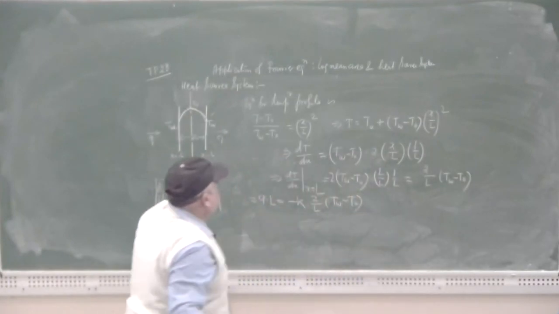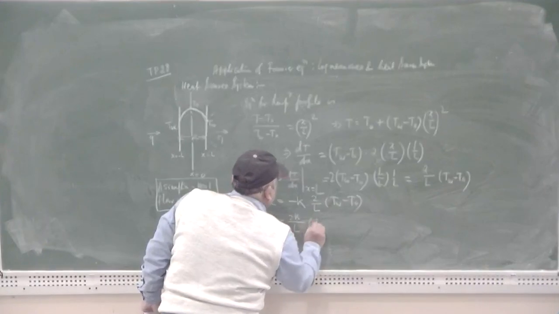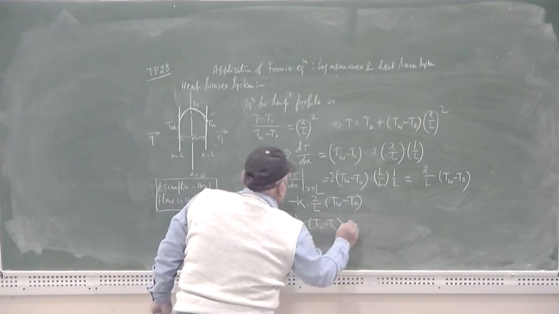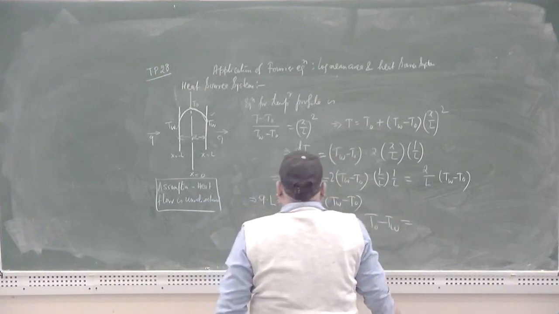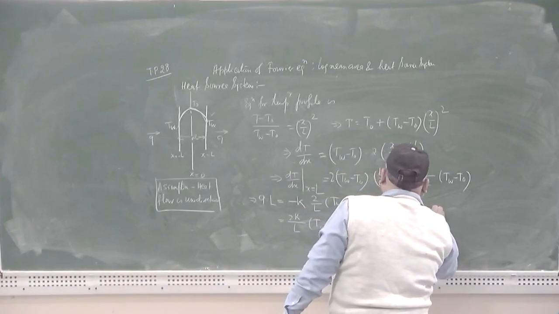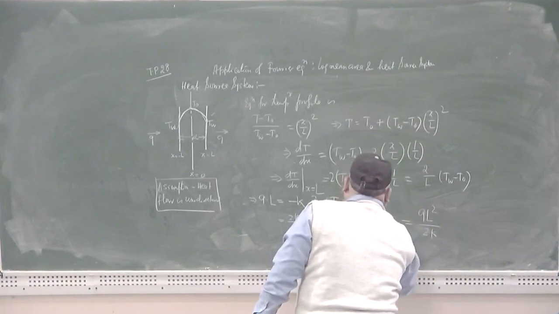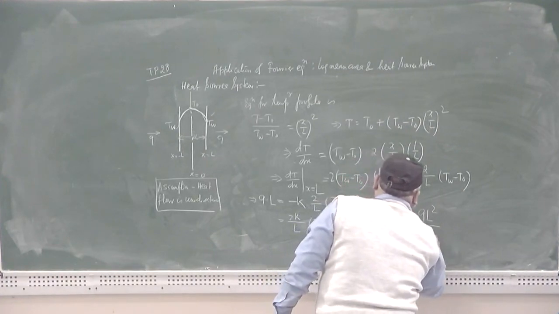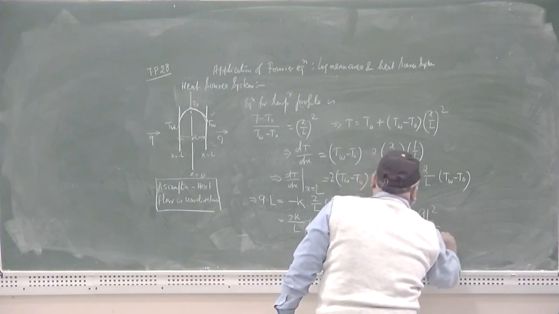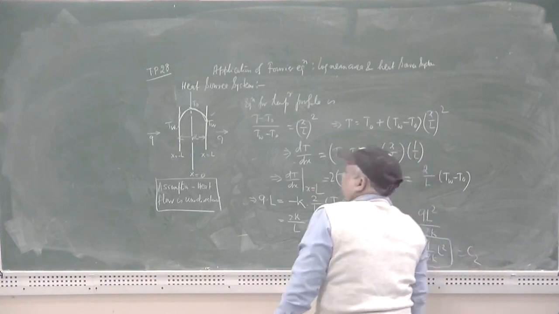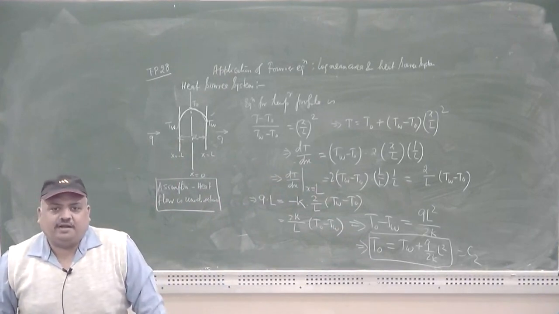That can be further written as 2K upon L into T naught minus Tw, or the value of T naught minus Tw arrives as qL square by 2K. So, the value of the mid wall temperature T naught is equal to Tw plus q by 2K L square. This is the value of the mid wall temperature, and definitely that will be equal to C2. So, this is another methodology to arrive at the mid wall temperature.